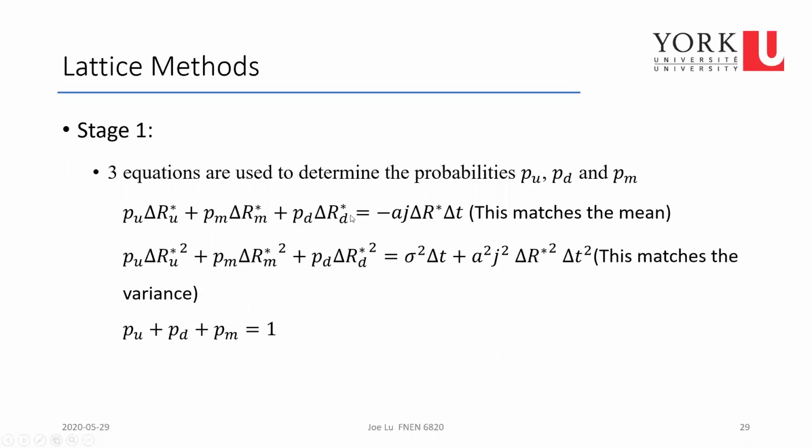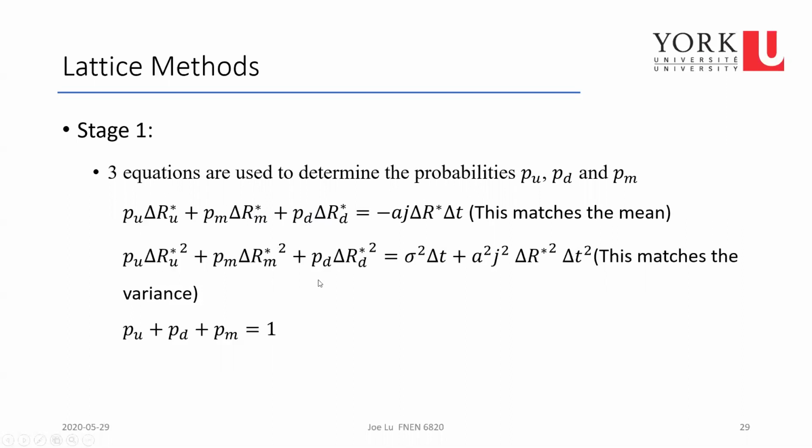So here you look at the expected value. So probability up, probability medium, probability down. This is how much up will be. And this is, if you're in the middle branch, what the change of your rate will be. This is the down branch, what is the change of your rate. Then this must match the mean change. And here you have the condition that matches the variance.